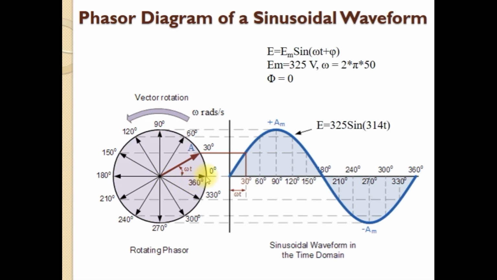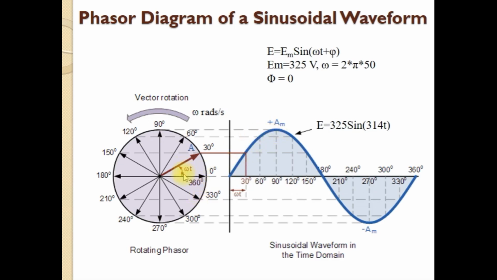So at omega t equal to 0, the vector is in this direction and the projection of this vector on the vertical direction is 0. That means the value corresponding to this point is 0. Now, imagine that this vector is rotating in the anti-clockwise direction, which is considered the positive direction, with an angular velocity equal to omega of this sinusoidal waveform.